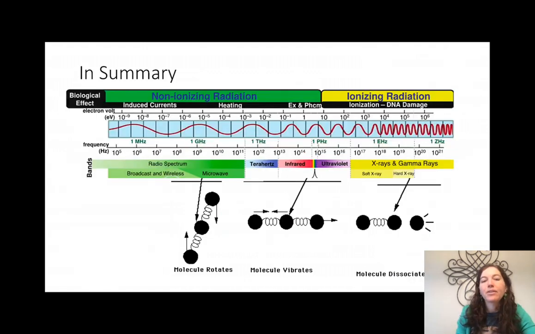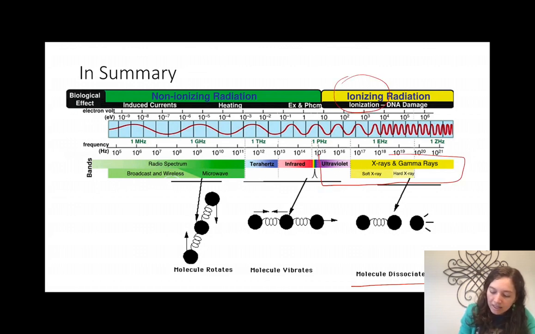So in summary, here's kind of how all of these different types of radiation interact with molecules. Our ionizing radiation, with UV and things higher energy than UV, like X-rays and gamma rays, break molecules by removing electrons.